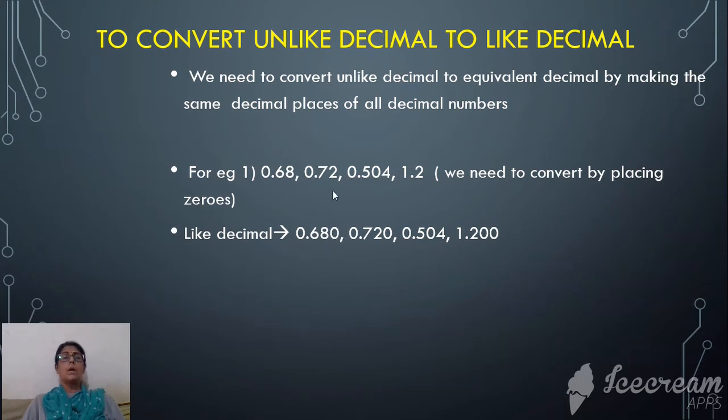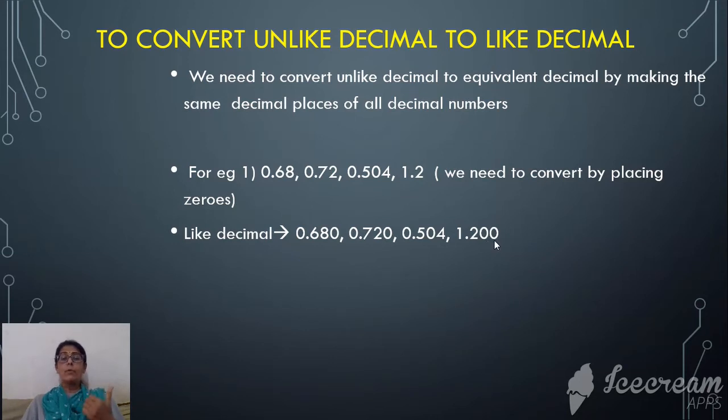Then another number is 0.72. So we will write here 0.720 by adding the extra 0. Now this number we will write as it is because there are 3 decimal places: 0.504. Now here is the number 1.2. So what we will write here: 1.200.